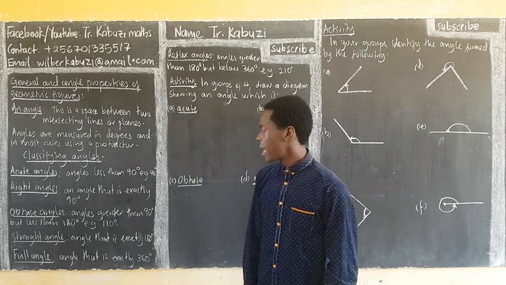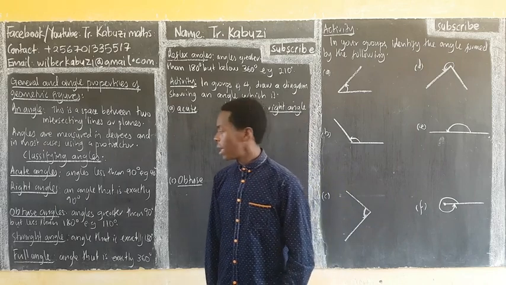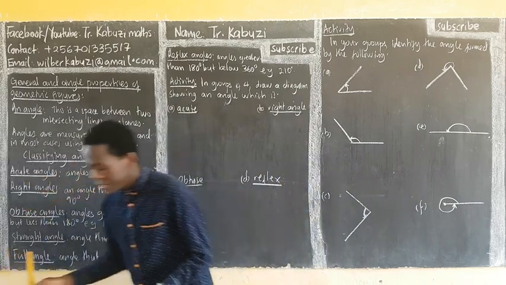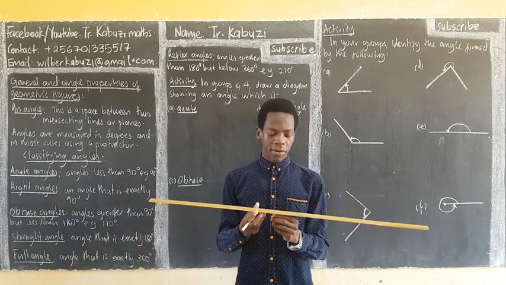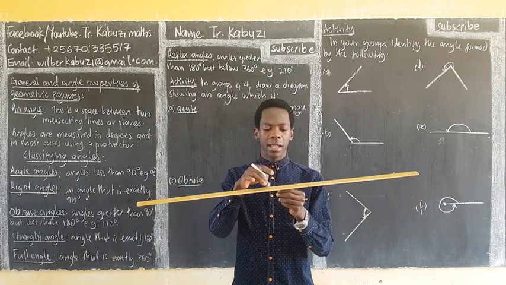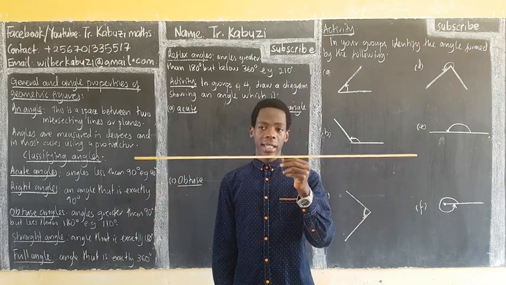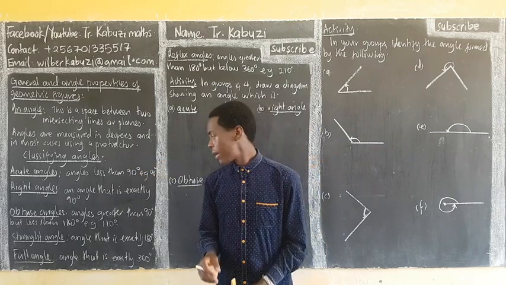Straight angle: an angle that is exactly 180 degrees. If I have this straight ruler, the angle from here up to here is what we call a straight angle, adding up to 180 degrees.